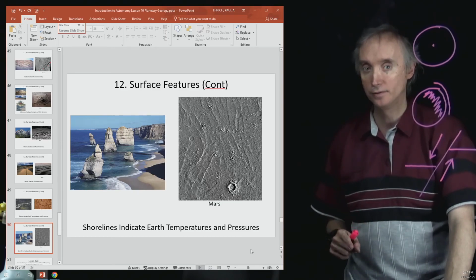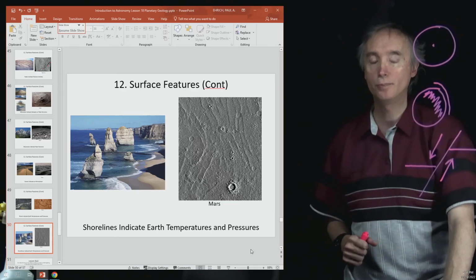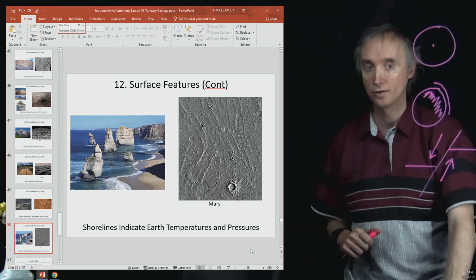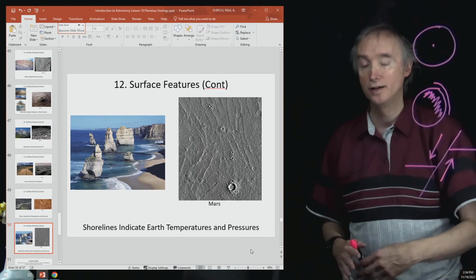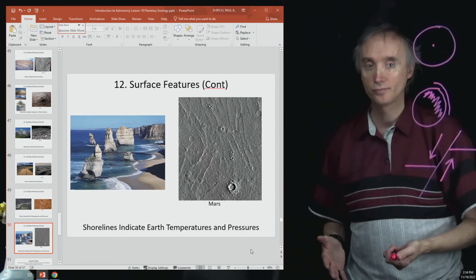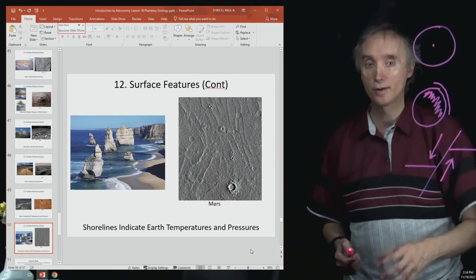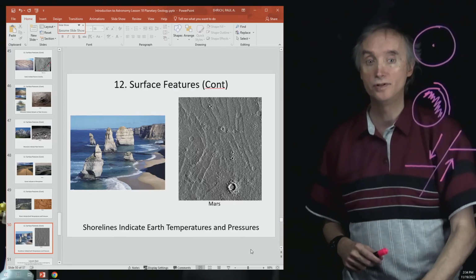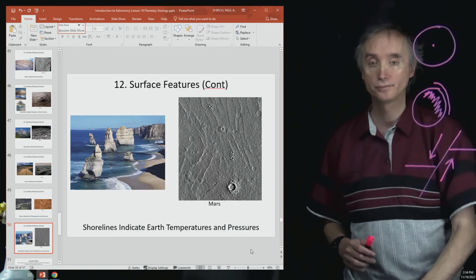But then later, other scientists looked at the same picture and said, oh, those are dunes. So they're not terraces. It just goes to show you that sometimes the theories change. Later we'll talk about Mars and we'll give some evidence that at one time Mars did have oceans.